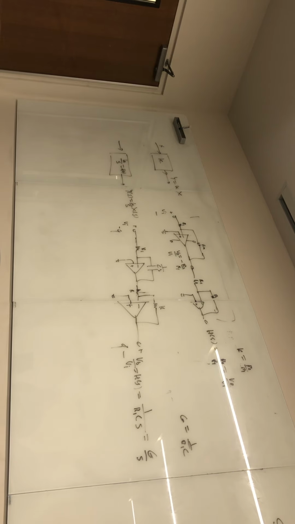Now, V out over V in will be the ratio of the impedance of the capacitor, 1 over CS, divided by the impedance of the capacitor plus the resistor. It's simply voltage division. Does everybody understand that? If I'm going too fast, flag me. So it's divided by 1 over CS plus R, agreed?